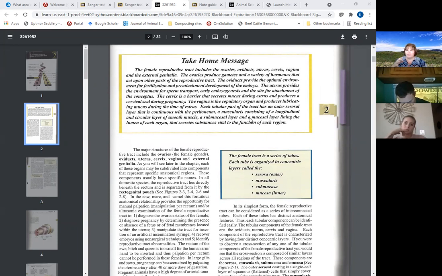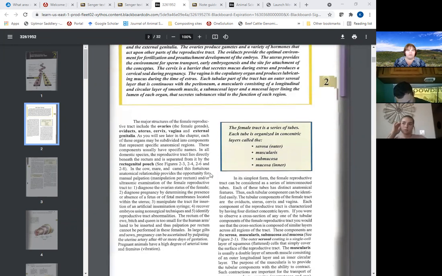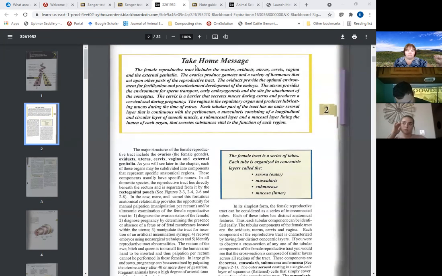Okay, and then it's going to break it down into further detail as you go through the chapter. But one thing that I do is I will go through and actually outline the chapter first. So I won't get into the deep reading. I'll write out big categories, like take-home message. And then the next big category would be the tubal structures of the female tract.